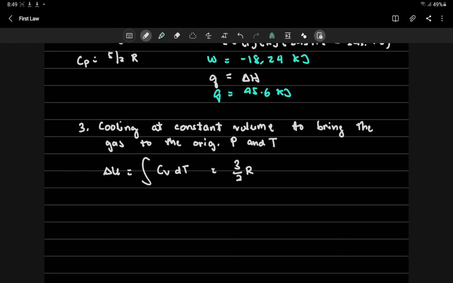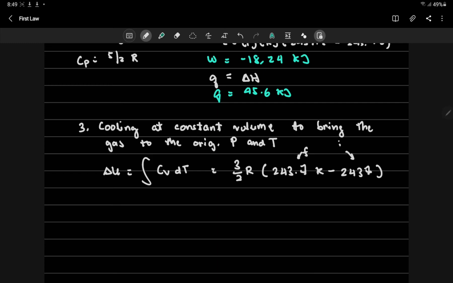So, babaliktad sila. Ibig sabihin, magiging 243.7 Kelvin minus 2437.2 nga ba? Diba? Yung isang temperature. Okay? So, remember, ang ating change will always be final minus initial. So, this is the final. This is the initial.